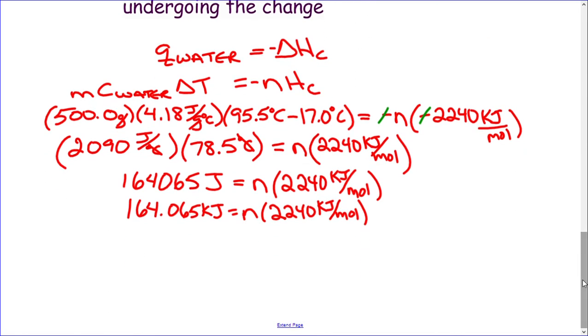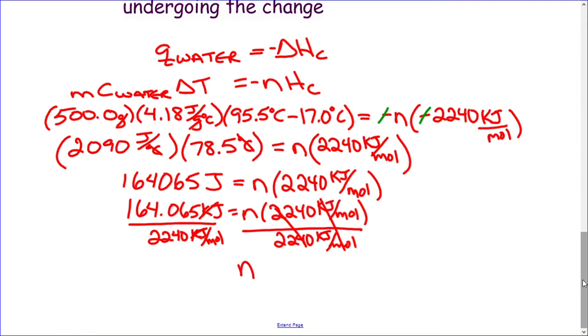So I have solving for my amount now. I'm going to divide each side by the 2,240 kilojoules per mole, and we can see that we're going to be left with moles as a unit for this.